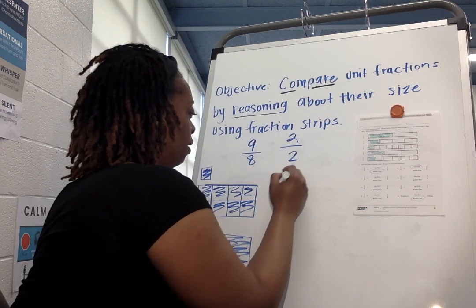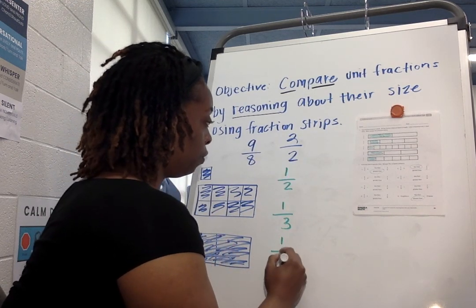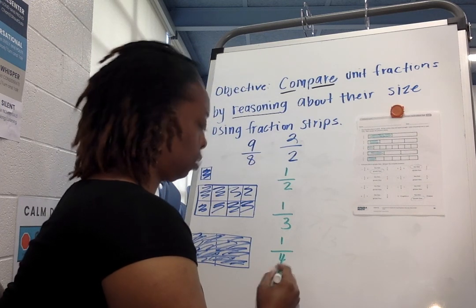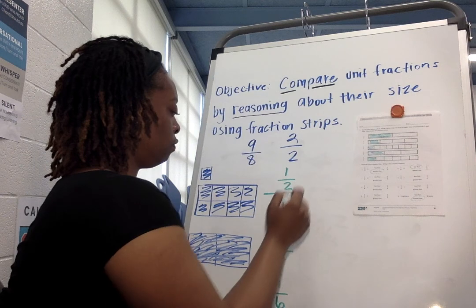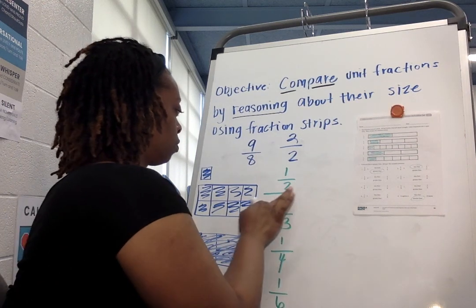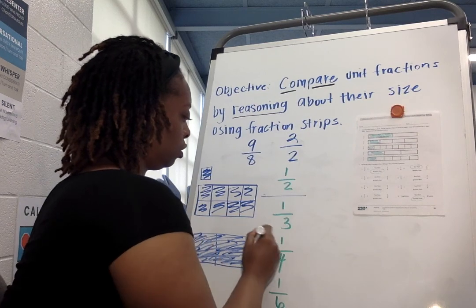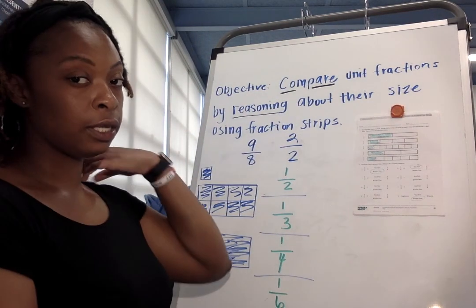We have 1/2, 1/3, 1/4, and let's do 1/6. We'll do those. So this is a fraction. Here's a different color. Fraction, fraction, fraction. So let's look at 1/2.